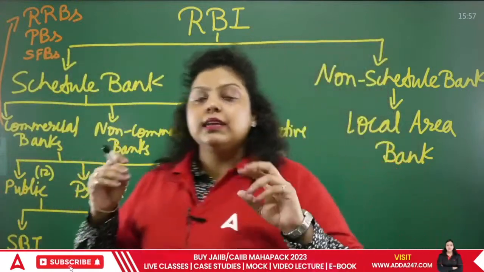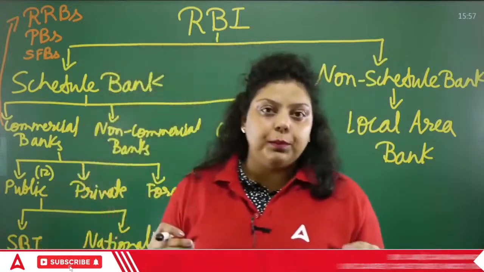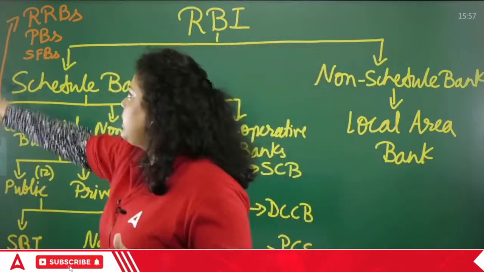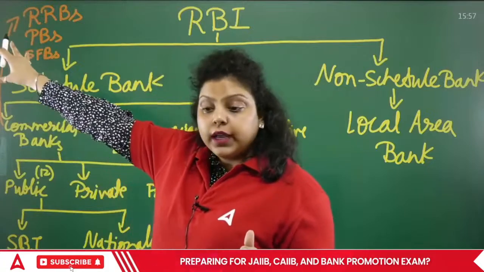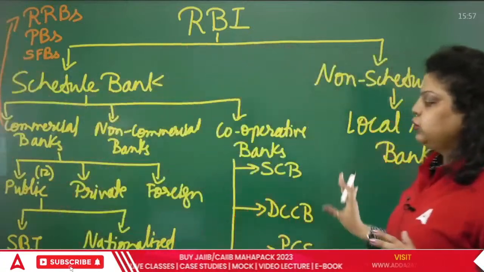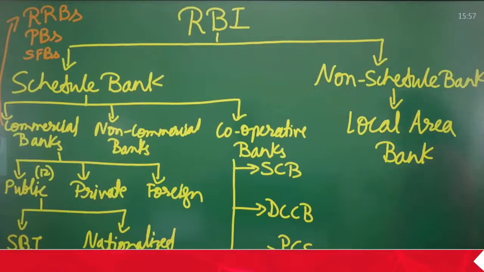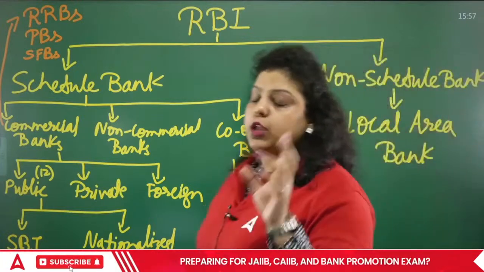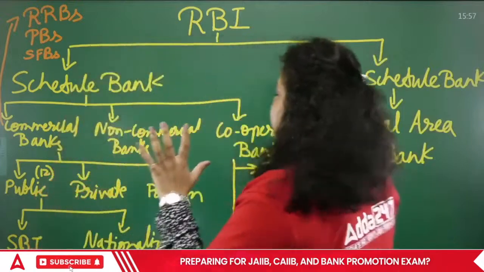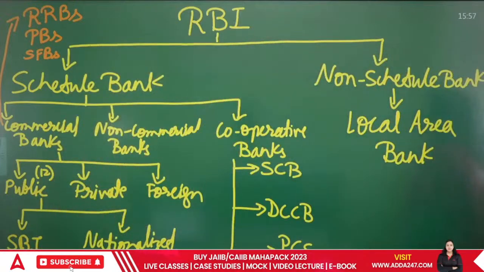They have been established for a specific purpose, that's why we define them differently. Okay? So these are the banks which are right now running in the country. The explanation of each and every bank I will be giving you in the next class, but these are the types of bank we are talking about here.